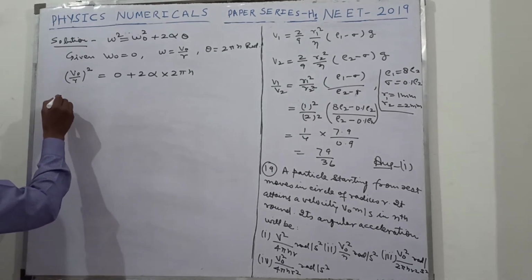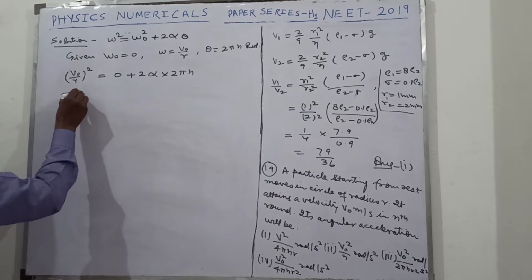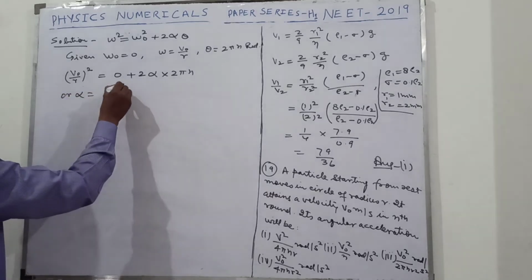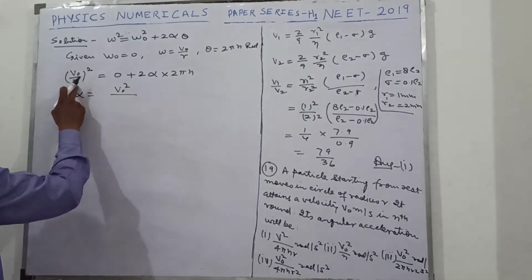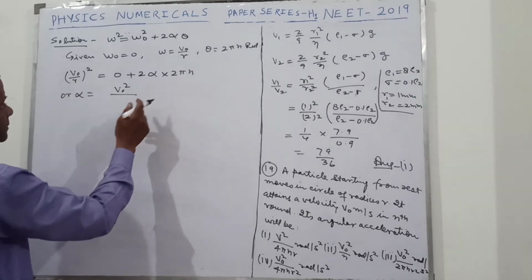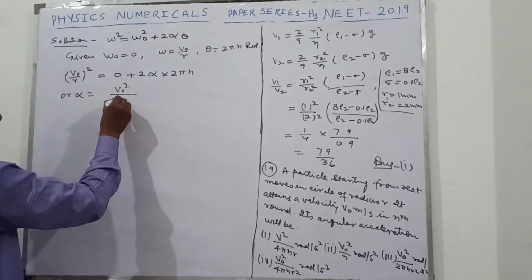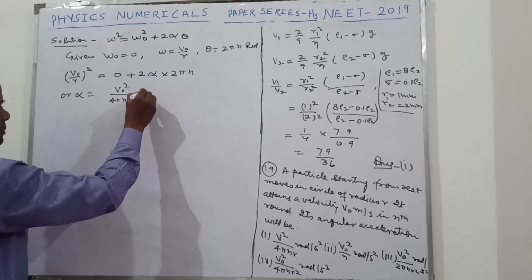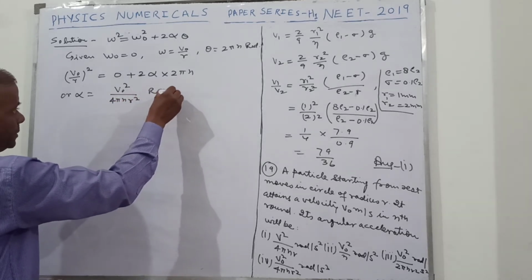Then you can find that alpha equals v naught square upon 4 pi n r square, with units radian per second square.